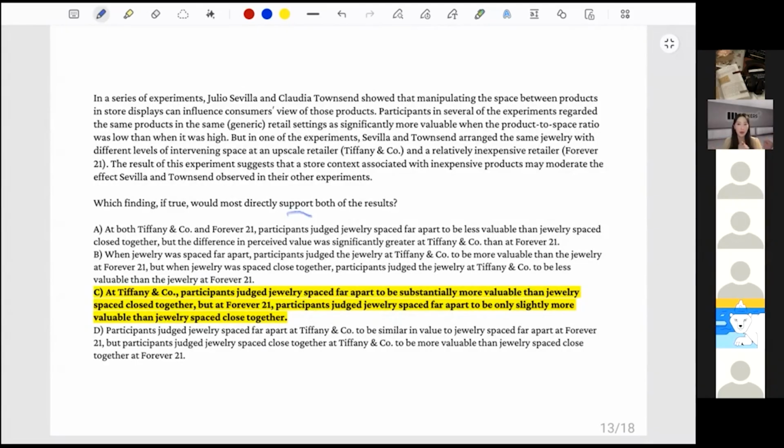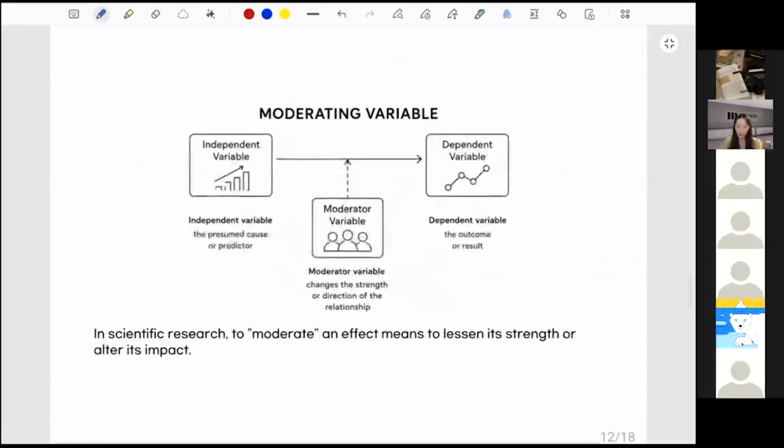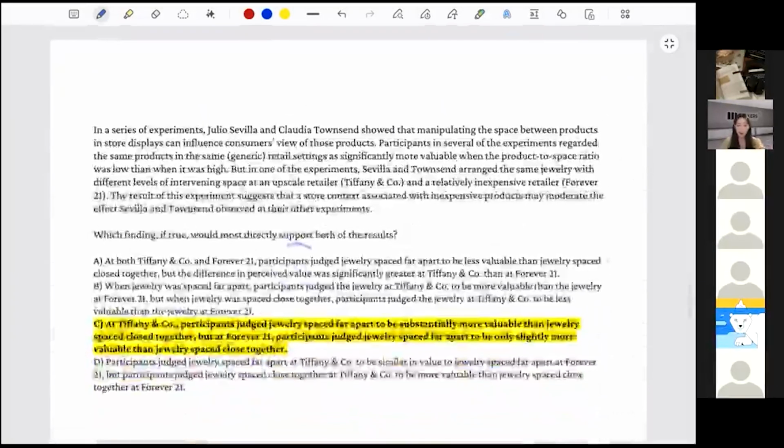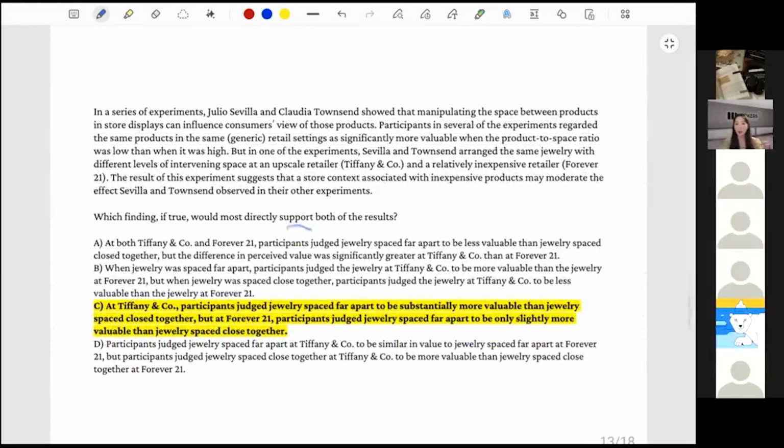We're not trying to compare these two stores. We want to look at the moderating effect. So if you guys didn't know this framework, B and D would be really confusing to you. But B and D ultimately failed to show that the inexpensive store actively weakens the spacing to value dynamic. So C is the right answer.